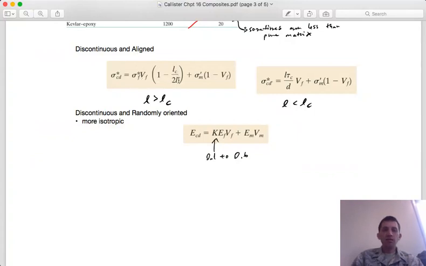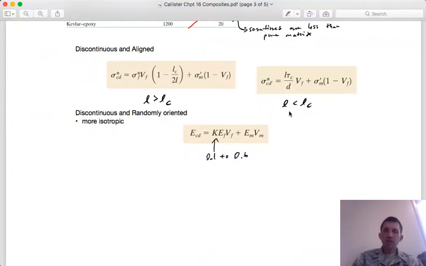As the fiber length is increased, this quantity here decreases, since this ratio is subtracted from 1, and so we see that the longer the fiber is, the higher the composite longitudinal strength is, and the greater contribution the fiber makes to the overall strength of the material, which makes sense.